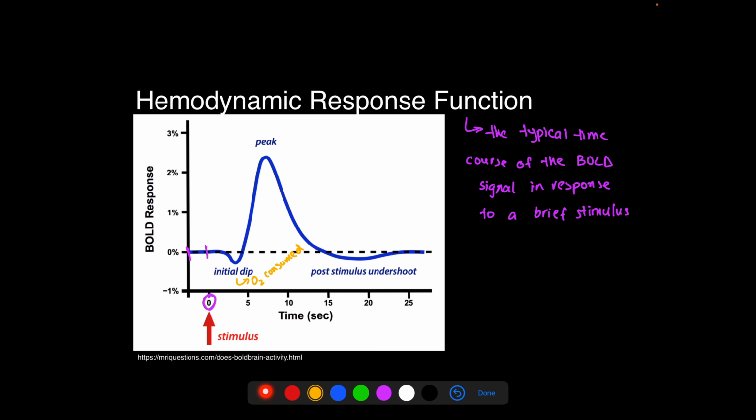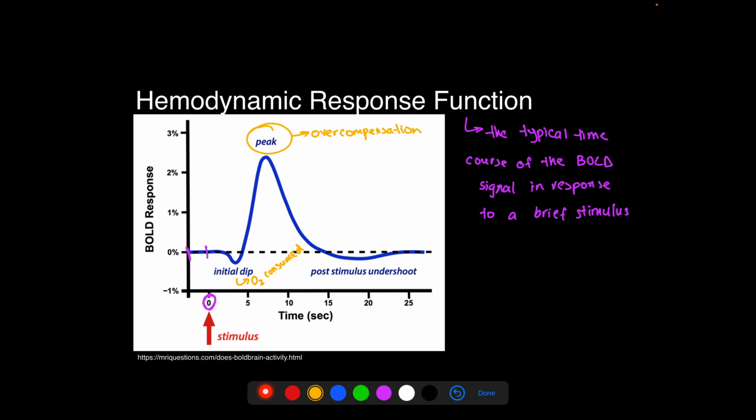Then the signal rises sharply to this peak here. And this is where the oxygenated hemoglobin rushes into the area. This is often an overcompensation. As you can see, it goes very high.